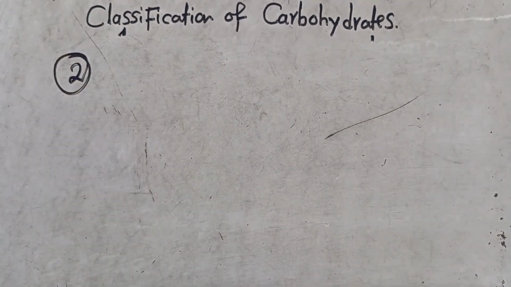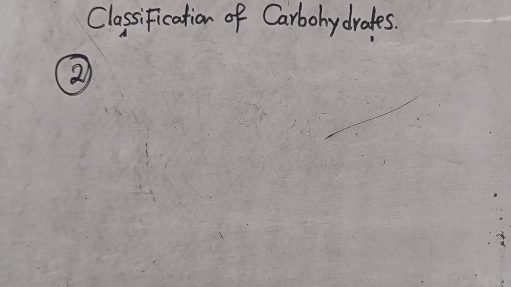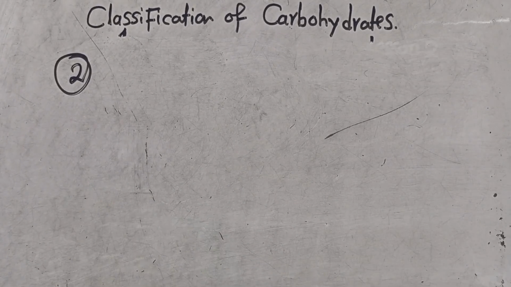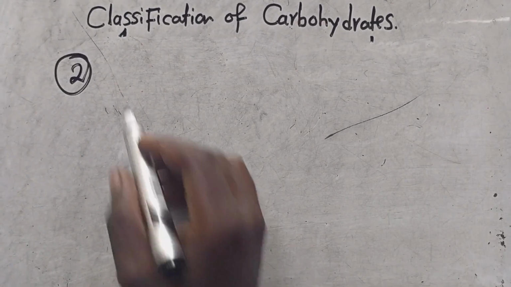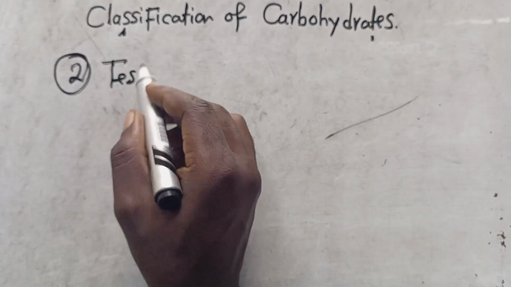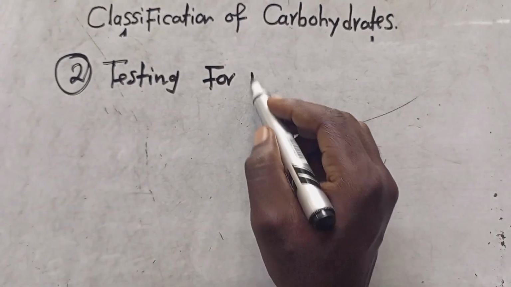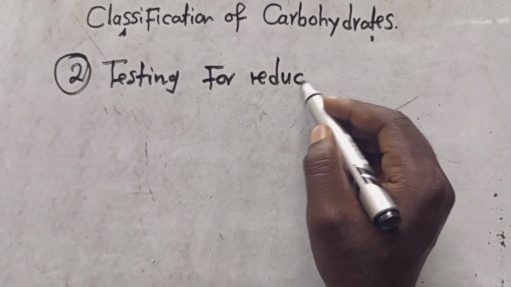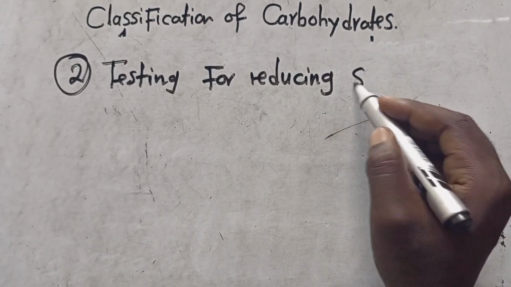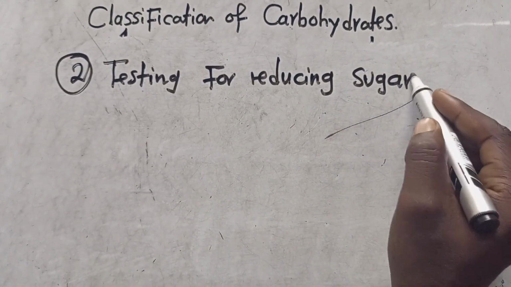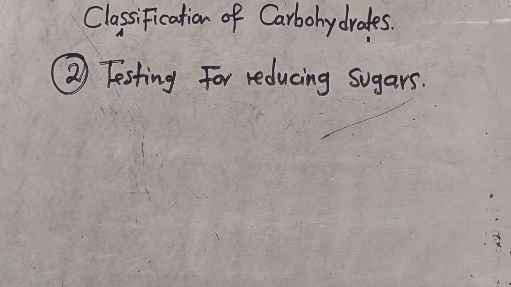So the next thing here that I want us to look at is testing for reducing sugars. How can we understand this?